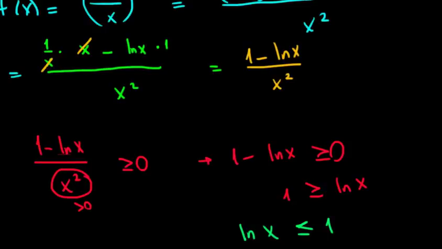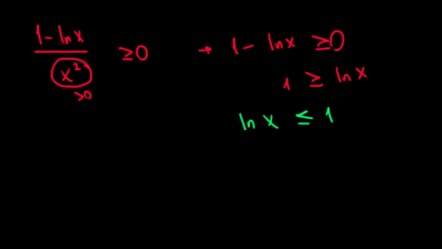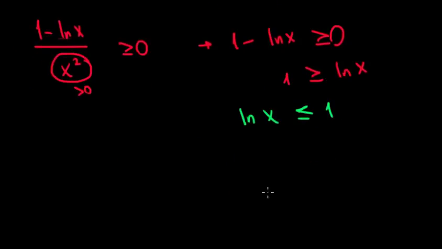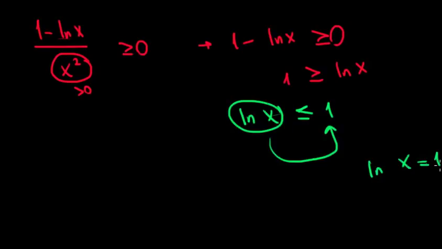well, that means that x has to have values less than e. So if ln of e takes the value of 1 and ln of x can be at most 1, then ln of x can be at most 1 when x equals e.